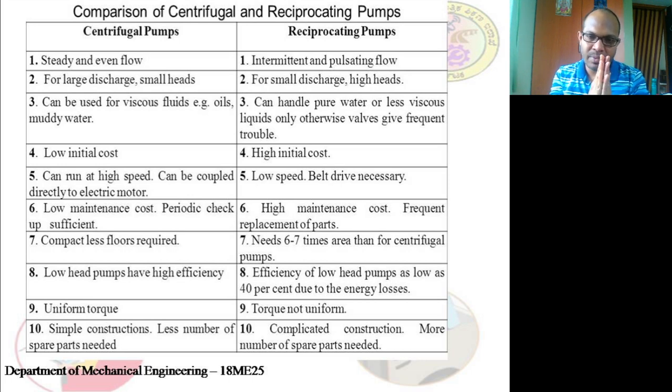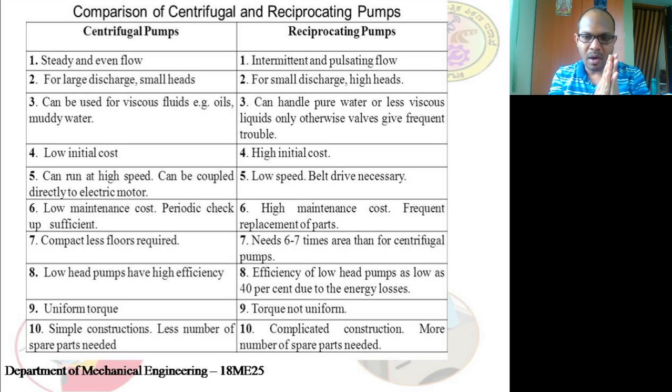Whereas here, when the piston is moving towards the left, in a suction stroke, what is happening is it is not pumping the water, it is just sucking the water. Then when the piston moves towards the other end, only then the compression takes place and the pressure of the fluid increases, then it will pump it.